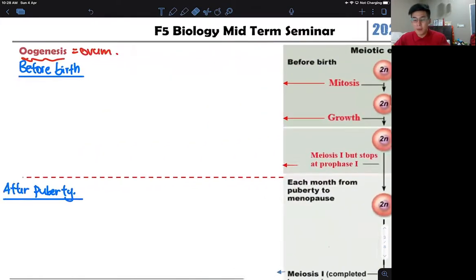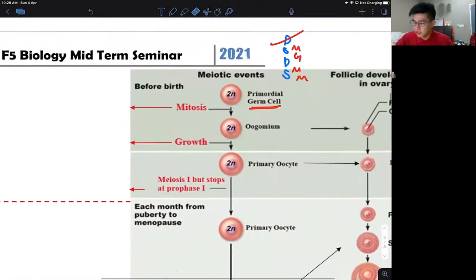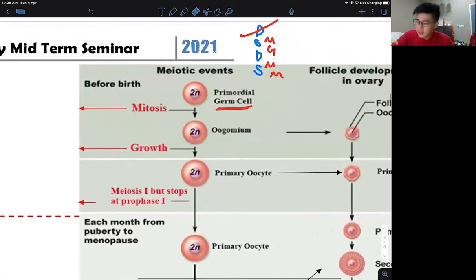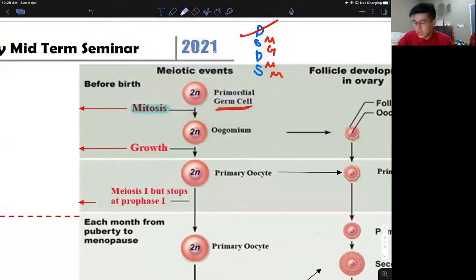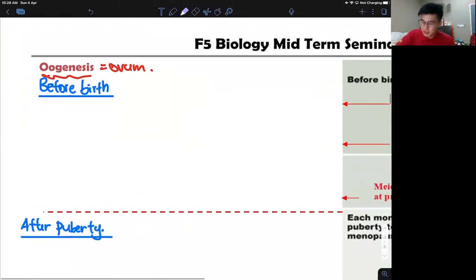I begin as a primordial germ cell, and first you can see I undergo mitosis to become what we call oogonium. Just now, guys' one was spermatogonium, so you change sperma into oogo. So oogonium. The process is very simple.